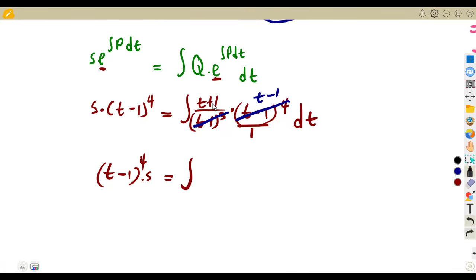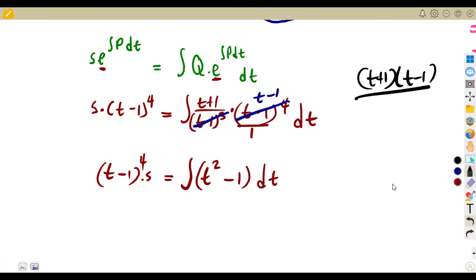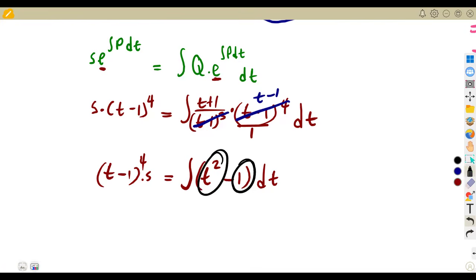It's a difference of 2 squares, which comes from t squared minus 1. Or you can expand your brackets, t plus 1 times t minus 1, and you still get the same thing. So now we can integrate.